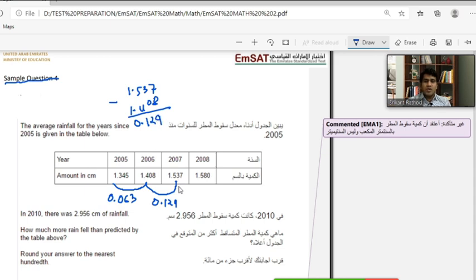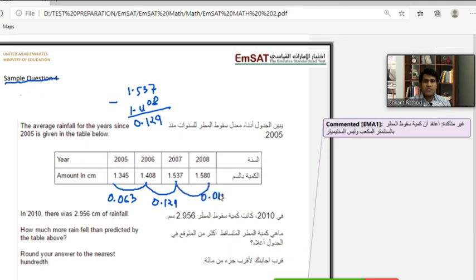You have to do it the same way for the next as well. Take the difference between 1.580 minus 1.537. The difference here is going to be 0.043, or 4.3% I can say.